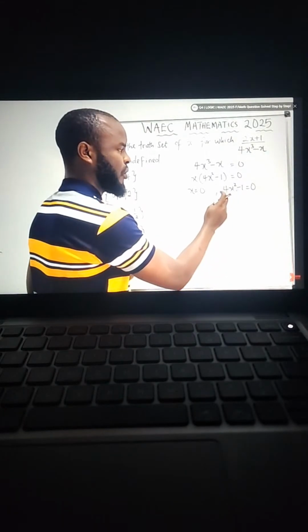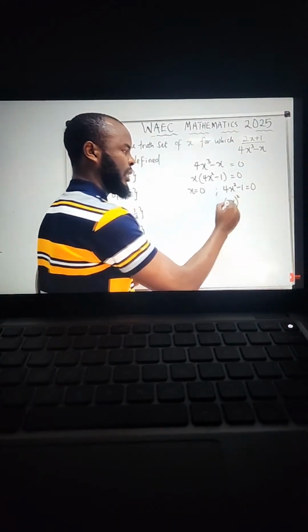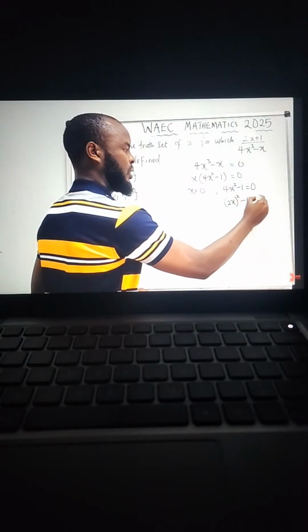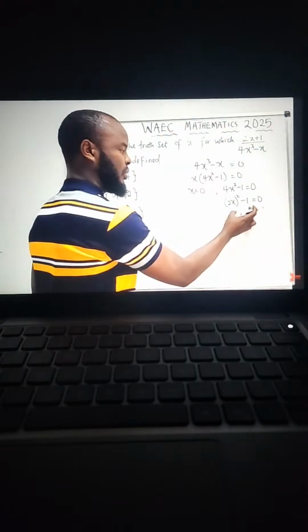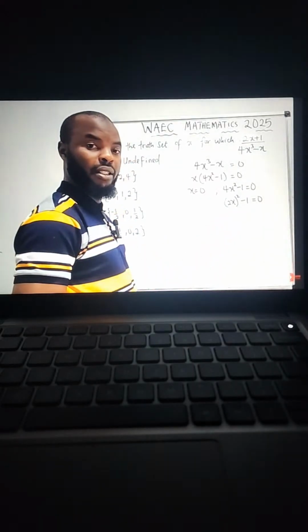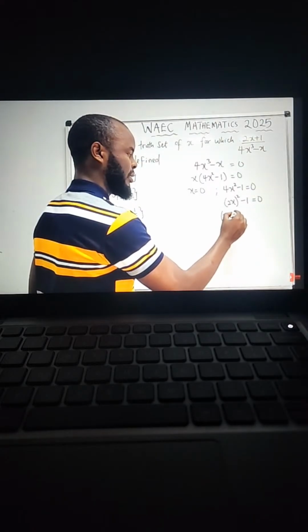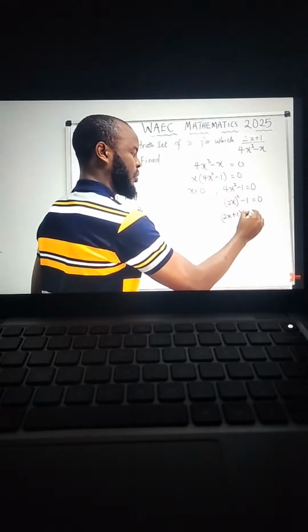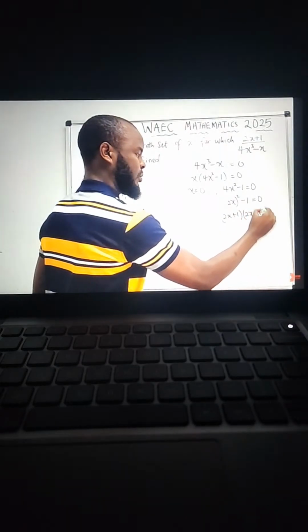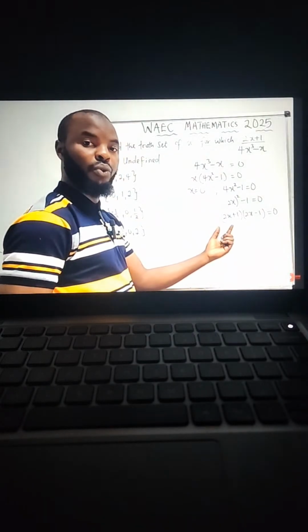And to do that, 4x squared can be written as 2x all squared minus 1 equals 0. Now, to simplify this further, we can use the difference of 2 squares. So using the difference of 2 squares, this is going to be 2x plus 1 times 2x minus 1 equals 0. This is the rule of difference of 2 squares.